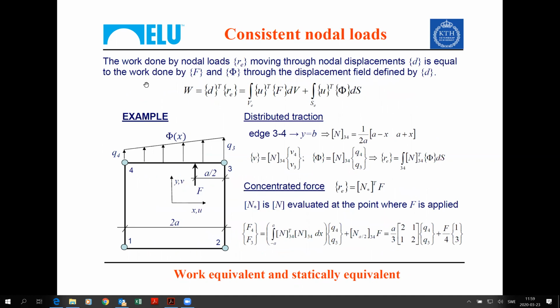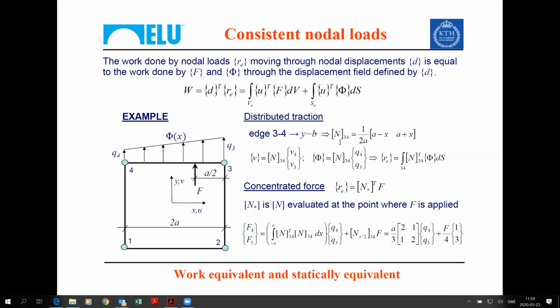One word about consistent nodal loading. Two situations: a distributed force on the edge, we say distributed traction on the edge. Assume this is applied on the edge 4-3, that is for y equal b.